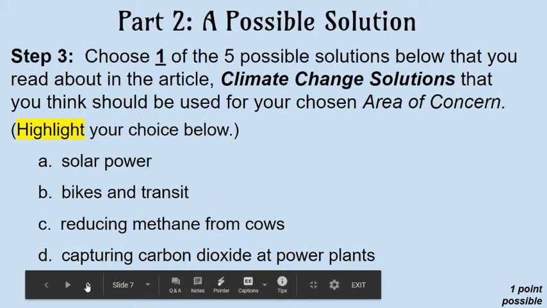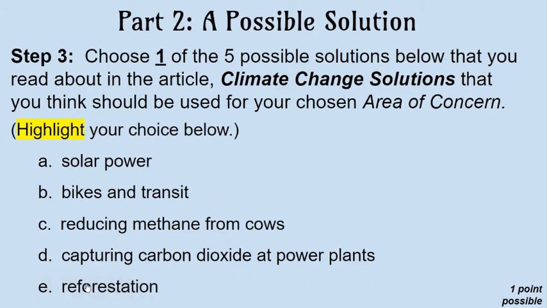Step 3, choose one of the 5 possible solutions below that you read about in the article, Climate Change Solutions, that you think should be used for your chosen area of concern. You're going to highlight your choice below. So you're thinking about possible solutions. If I chose extreme heat, what do I think is going to be a possible solution for that?